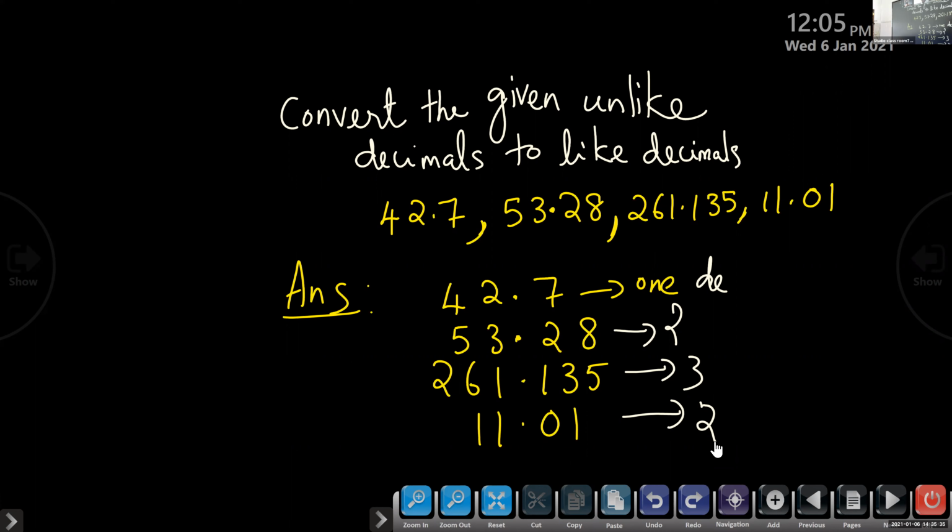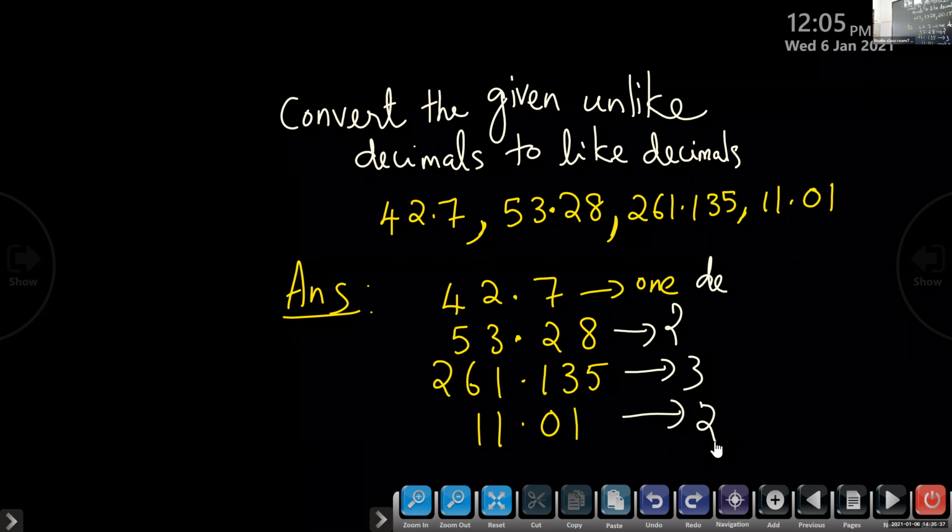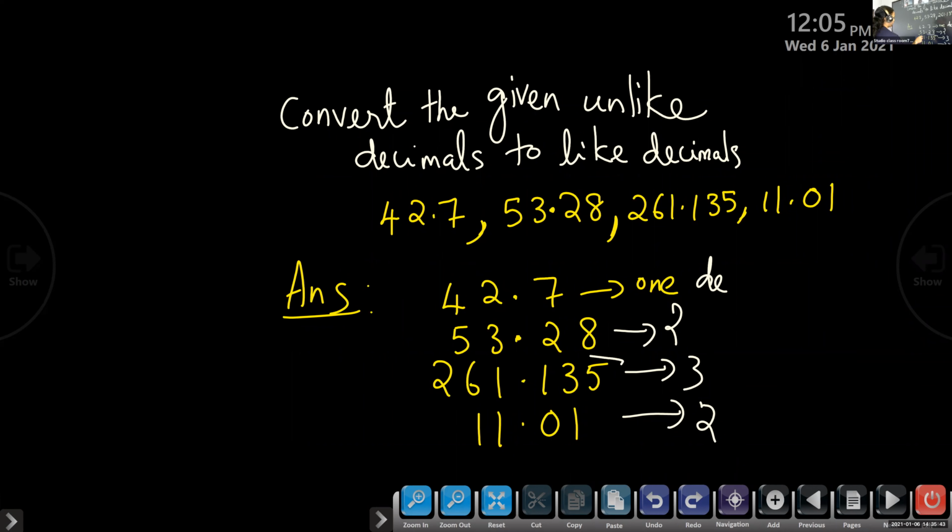Here, which number has the most? 261.135. This is the first step: identify the number with the maximum number of decimal places. How many decimal places here? 3.